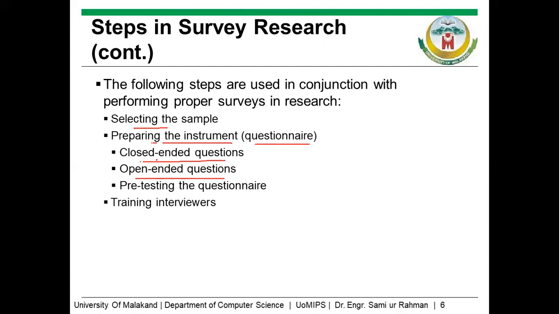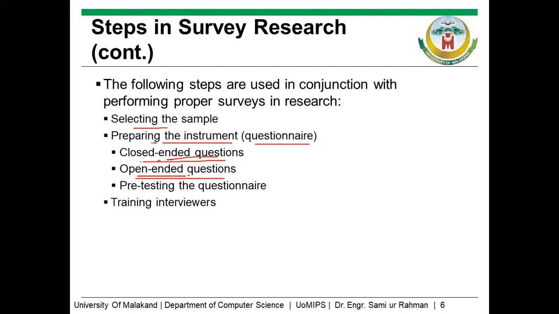So in close-ended questions, we give a question, and then we give a set of answers, let's say answer 1, answer 2, answer 3, and then the interviewee selects one option from multiple options. Okay, so we give a series of options, and then the interviewee selects one option from the given set of answers.